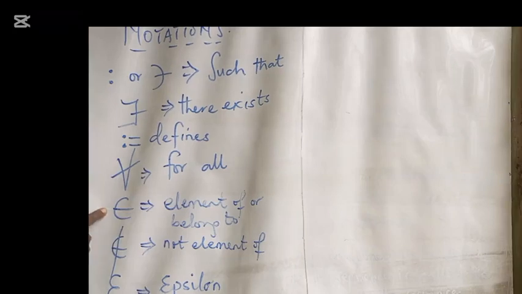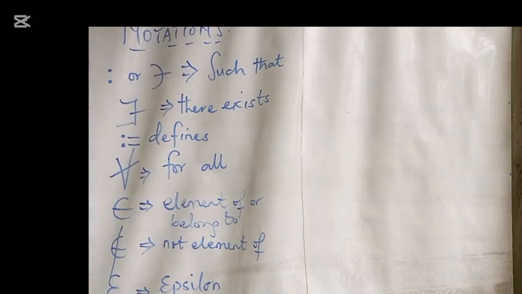We are familiar with this from our knowledge of set theory in elementary mathematics. We have it referring to element of or belong to. This with the slash referring to not element of, and then this which we call epsilon, and then the ellipsis.